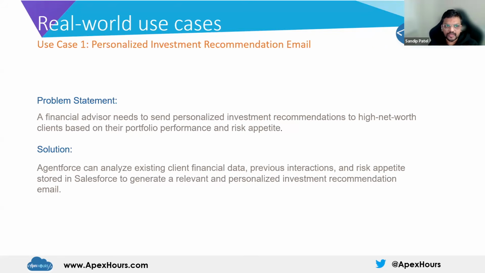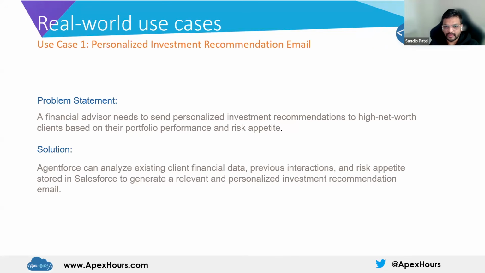For this entire problem statement and retrieving the solution for a financial advisor, it will use certain topics, right? The first topic could be a Get Apex or something. You can write Apex, or maybe a flow, that would retrieve the clients who have high worth.